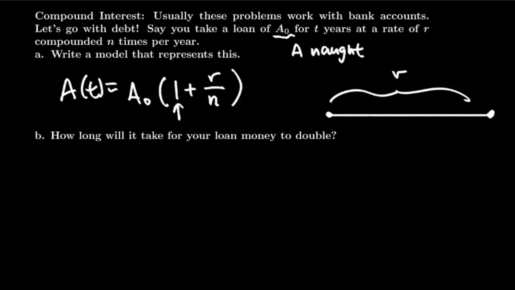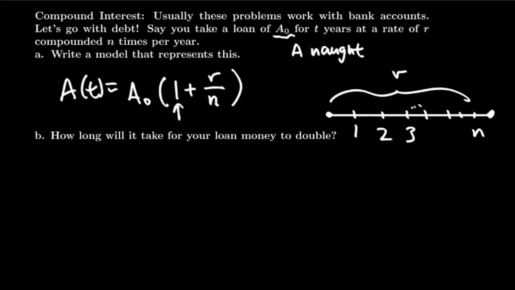There's an annual interest rate. So if it happens n number of times, then each time the rate is just divided by n, right?